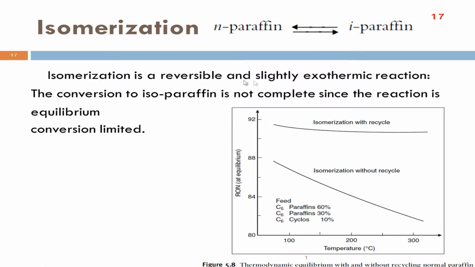Isomerization is a reversible process that is slightly exothermic. So the conversion will be lower when the temperature increases. However, the conversion is not totally complete like reforming, because the reaction is equilibrium limited.